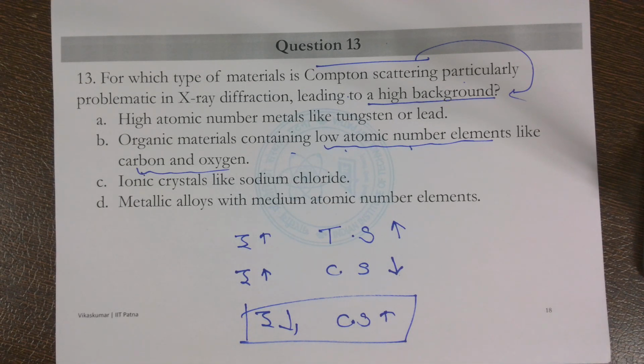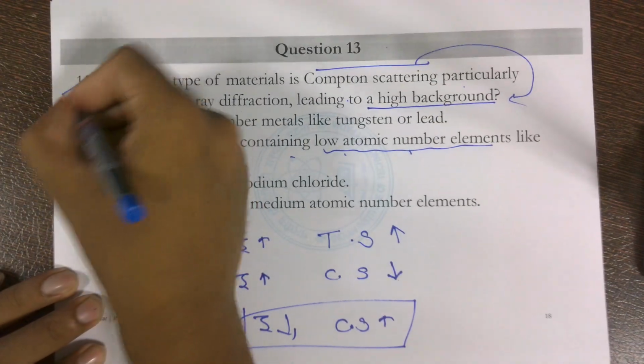The intensity of the background will be very high. Sometimes people try to see from that perspective itself: since the background is more, the carbon is there. So this is one way to see it. Again, it's not very characteristic, because the Compton scattering is an inelastic scattering. So option B is the right answer over here.